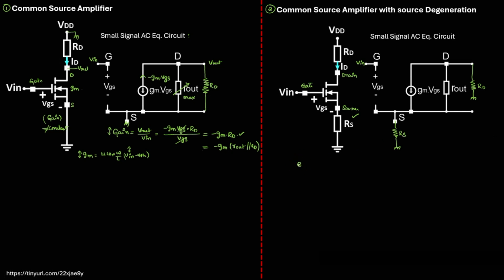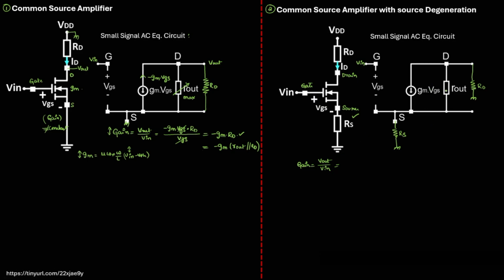So let us do the calculation of the gain from this small signal AC equivalent circuit. Gain is nothing but, as we know, V output by V input. We'll calculate these values one by one.